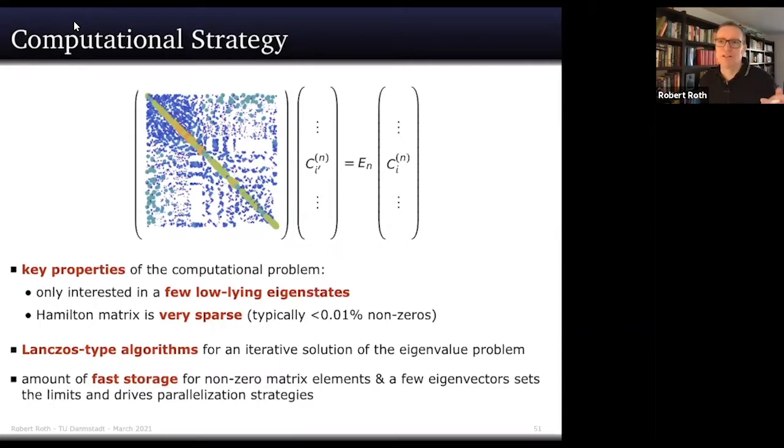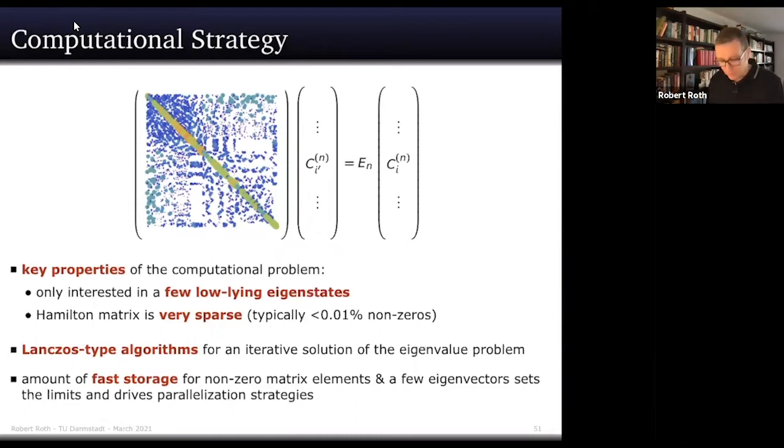You're not interested in an eigenvalue at 1 GeV excitation energy, which might exist in your matrix, but is not meaningful at all, neither from the physics point of view, nor from what the method is able to describe. Typically, you want to know a few low-lying eigenstates, the ground state and a few low-lying excited states. That's it. In comparison to the 10 to the 10 eigenstates that this matrix formally has, they are not of interest, just a few low-lying ones.